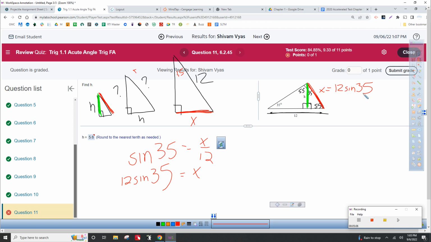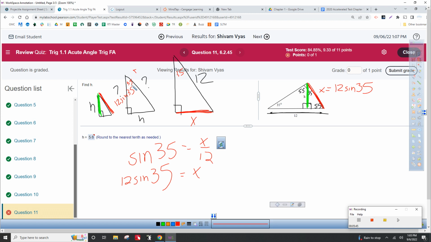Let's see. At this point, if we want to find H, let's go to, say, the medium triangle. So this is 12 sine of 35, and this is the 35 here. So now, according to the 35, we have opposite and adjacent.